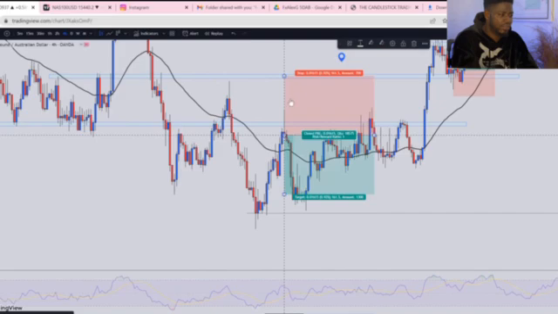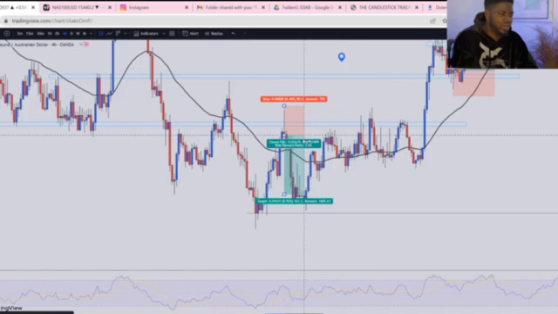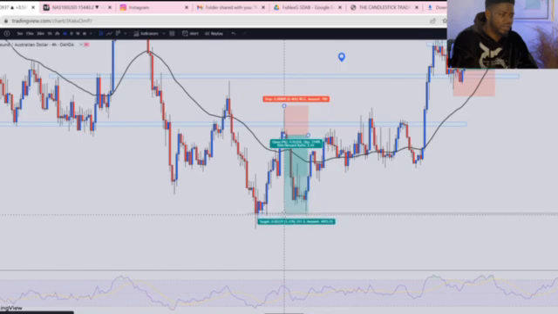This is for sell. If you want to sell the market, you just add your tool, and just make sure 1:3. This one didn't give us 1:3, but at least it gave us 217 pips.